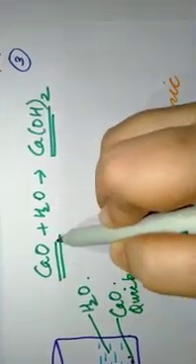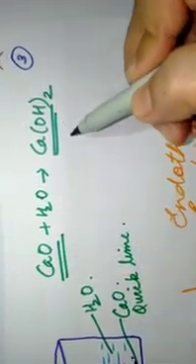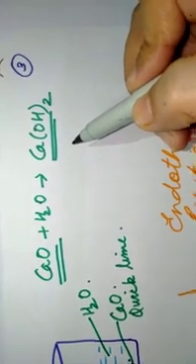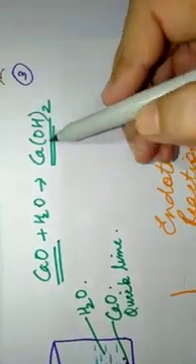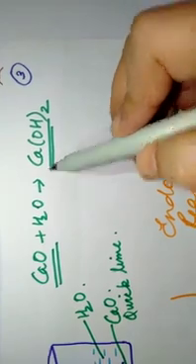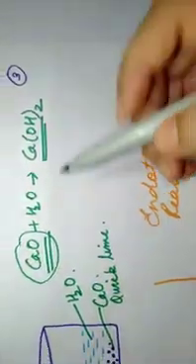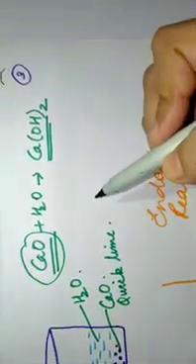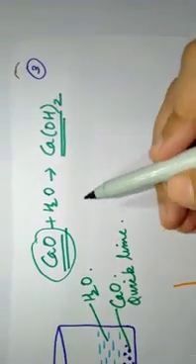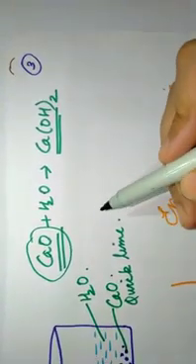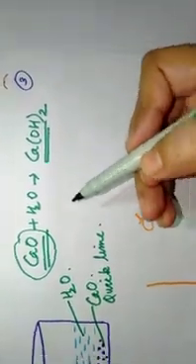A solution of calcium oxide is painted on the walls during whitewashing. So what is whitewash? Whitewash is a solution used for whitewashing, and after 2-3 days the walls shine. Why?